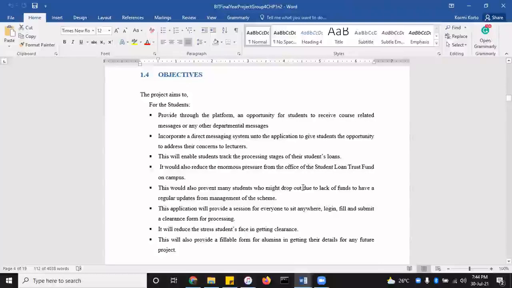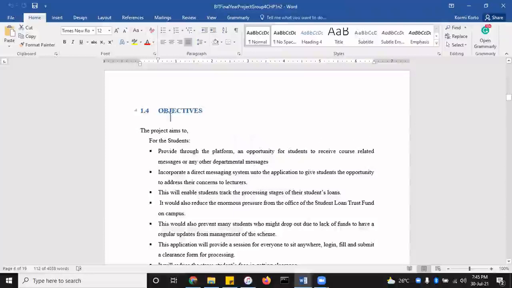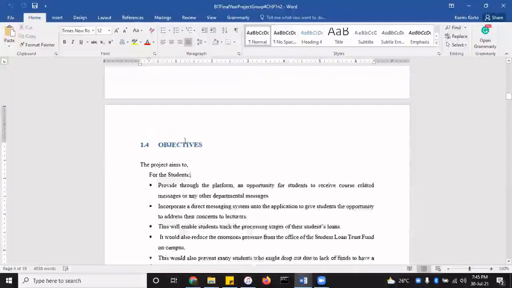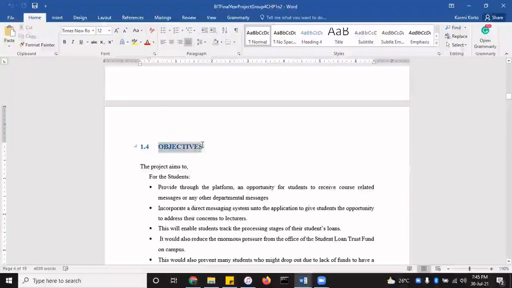And then let's go to objectives. Look at this: objectives, and we are still talking about aims. The project aims towards. I thought you were talking about objectives, so why mention aim again?